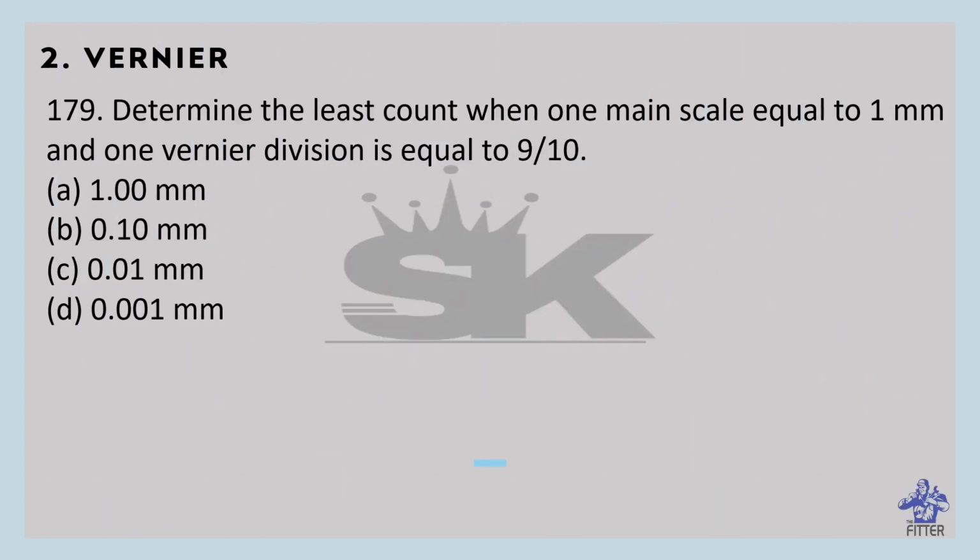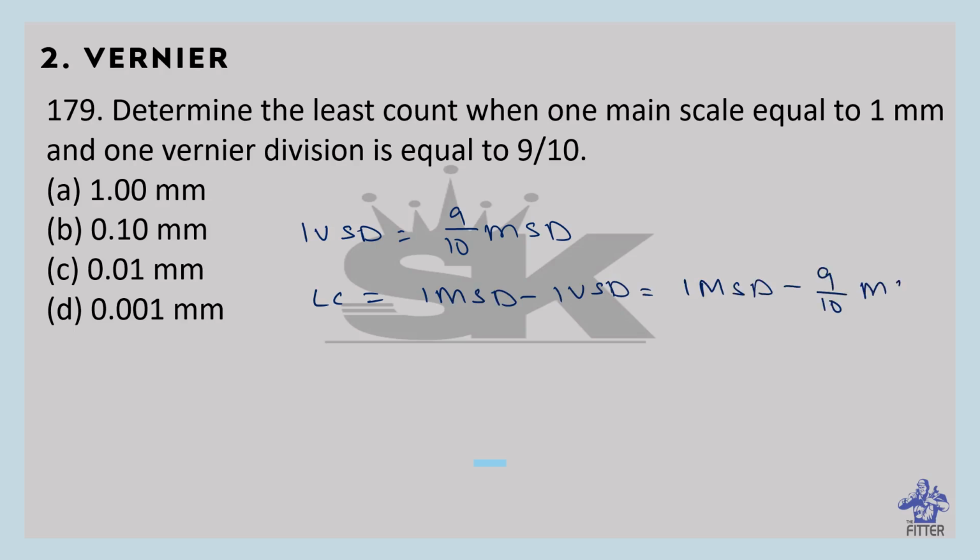Determine the least count when one main scale division equals 1 mm and one vernier scale is equal to 9 by 10. So same procedure here, 1 VSD equals 9 by 10 MSD. The least count equals 1 MSD minus 1 VSD, that's equals 1 MSD minus 9 by 10 MSD.